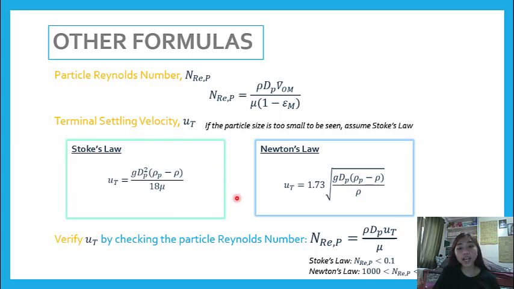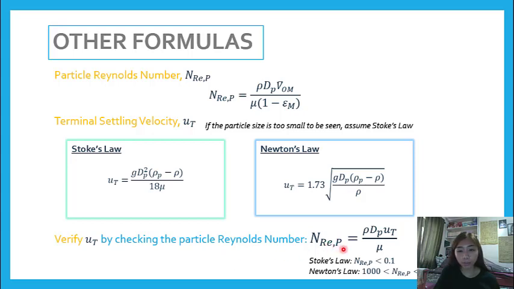And if our particles are in the Newton's law regime, we compute for the ut using this formula. And take note, if the particle size is too small to be seen, assume Stokes law. Assume this if the particles are very fine. Okay? And we can verify the terminal settling velocity by checking the particle Reynolds number.